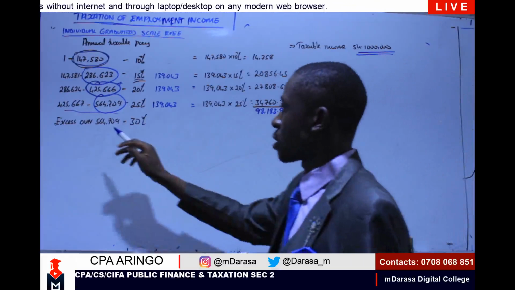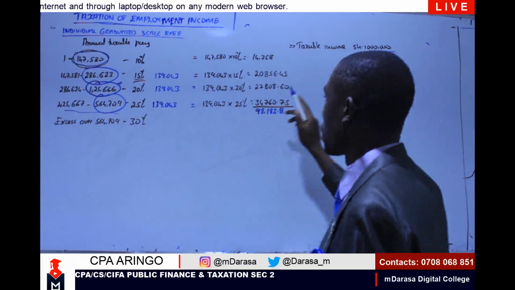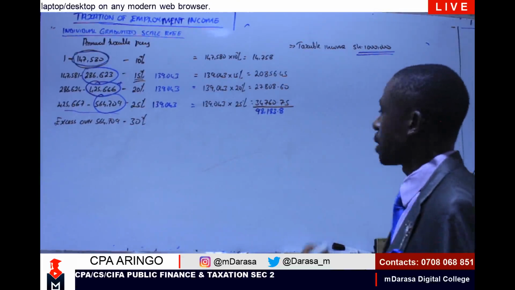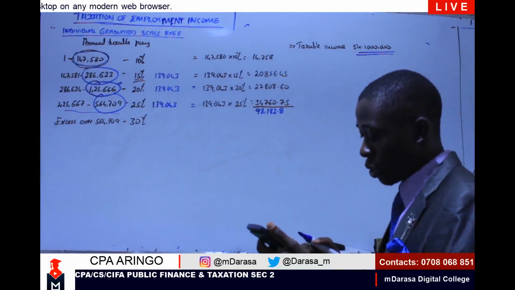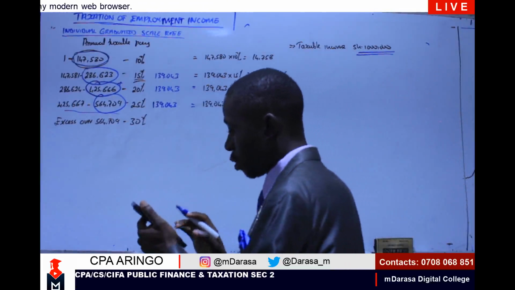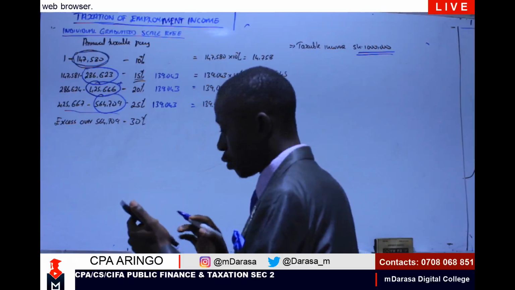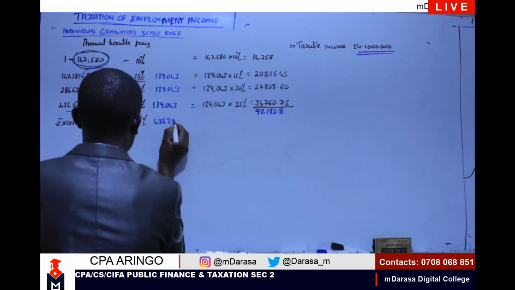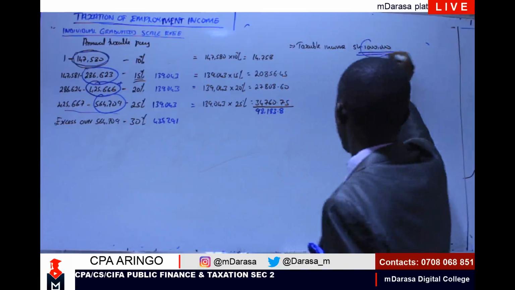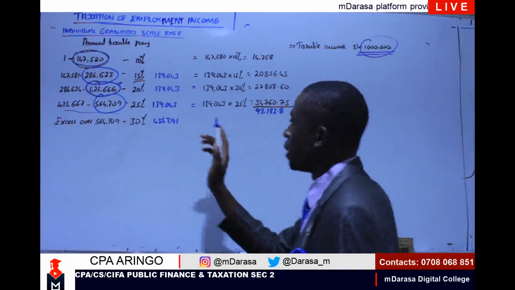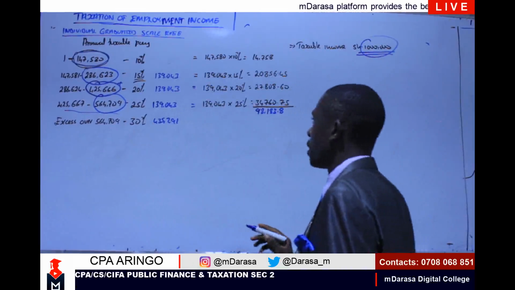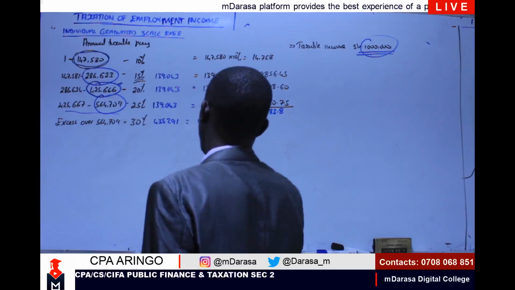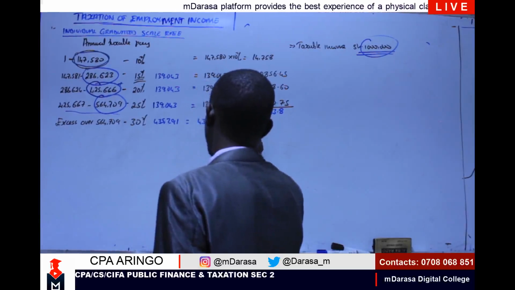So the excess over 564,709 is what we are going to subject at how much? At 30%. In our case, I'll be taking my 1 million less 564,709. That should give us 435,291. That is the difference between the 1 million and the 564,709 we deduct. Of course, we multiply that by 30%.